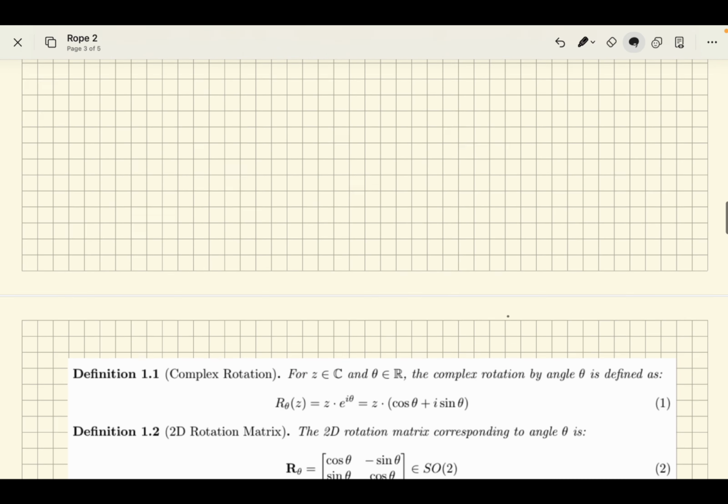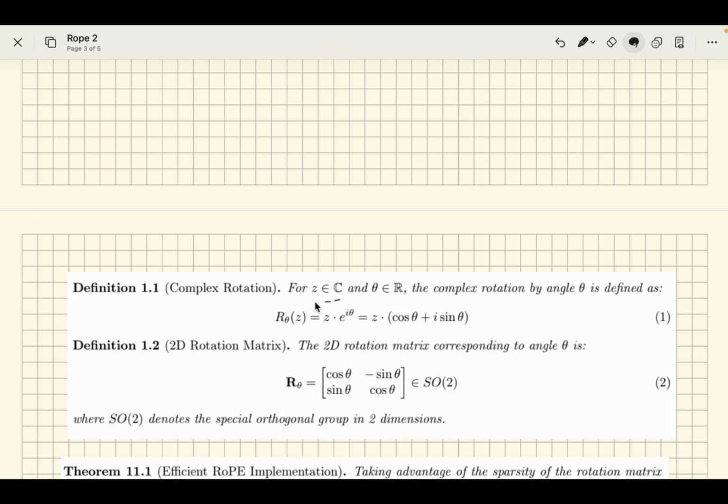So what exactly happens? Imagine that we have a complex number Z, which could be something like x plus iy, and theta is just an angle, a real number. For Z, the complex rotation by angle theta is defined by this equation right here: Z times e to the power of i theta, which is the Euler representation for complex numbers, as you might know, and which is the same as Z times cosine theta plus i sine theta.